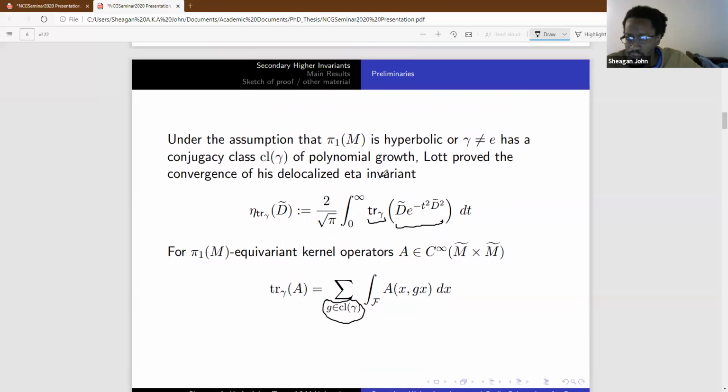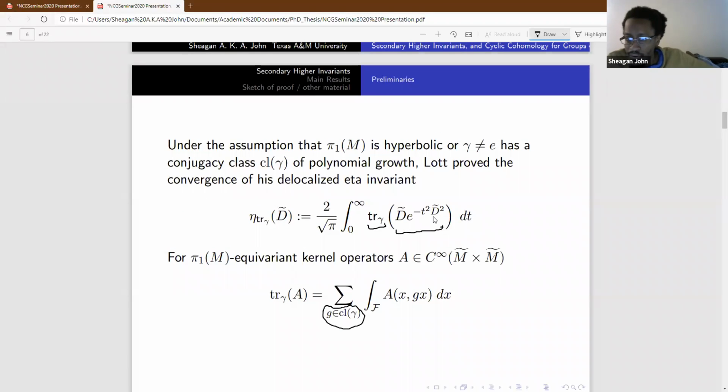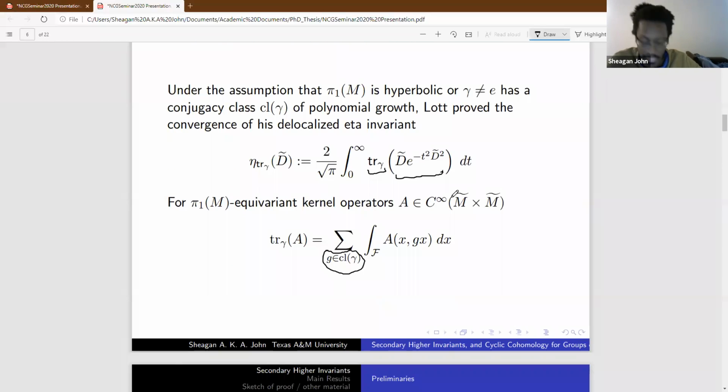Now, I think Piazza and Schick had proved that this does not always converge.